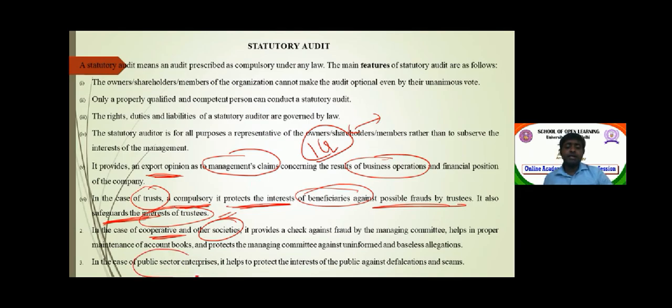Now, in the case of public sector enterprises, it again helps to protect the interest of the public against defalcation and scams, or any wrong charges that may have been framed against the management, or by the public in general.